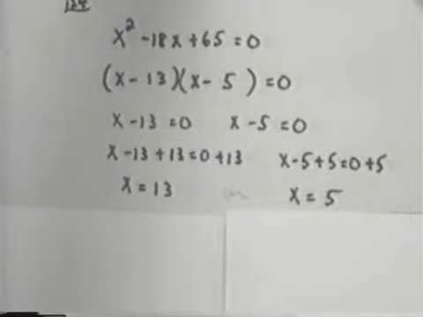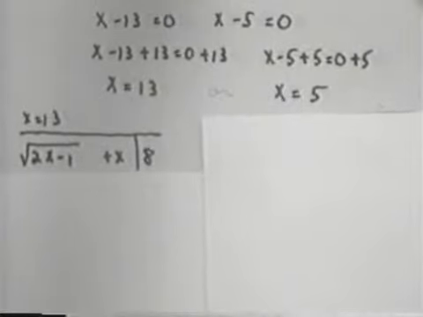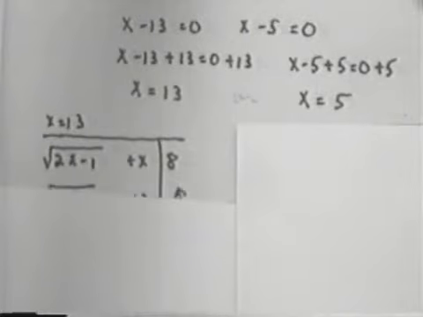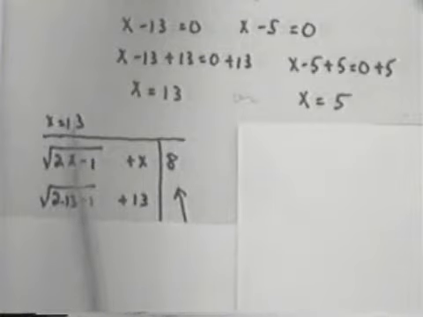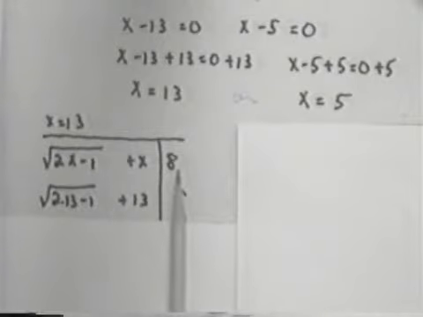Okay, let's check x is equal to 13 first. Now when you check, you substitute into the original. The original was the square root of 2x minus 1 plus x is equal to 8. I'm substituting in 13. So I replace x by 13. So I have the square root of 2 times 13 minus 1 plus 13 is equal to 8.